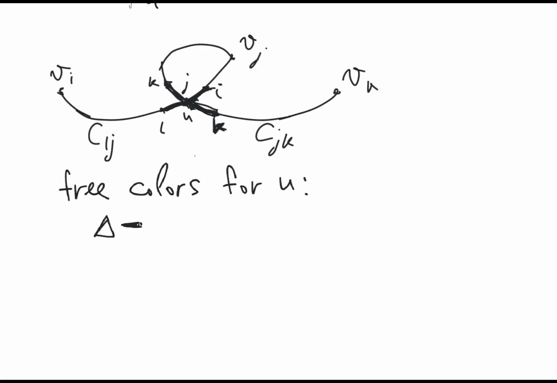So these 4 vertices take colors I and K, and the rest, delta minus 4 vertices, take at most delta minus 4 colors. So at most we have delta minus 2 colors that are already taken, right?